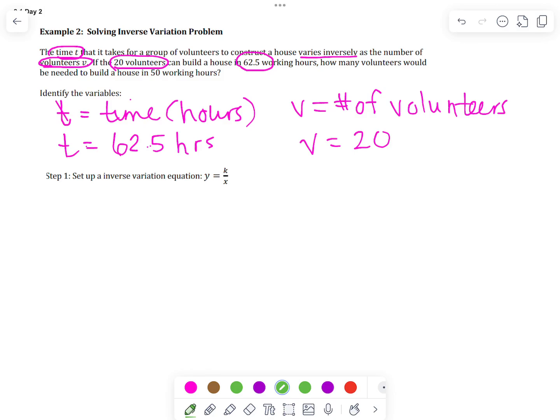This would be our y, and this would be our x. So in our inverse variation equation, it'll be y, which is the time, equals k over our volunteers.